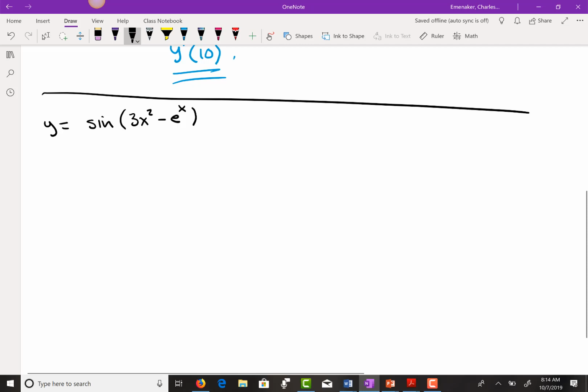When you go to compute the derivative, first thing you do is you only take the derivative of the outside and you leave the inside alone. Well, what's the derivative of sine? Cosine. So what we're going to get is the cosine, leave the inside alone.